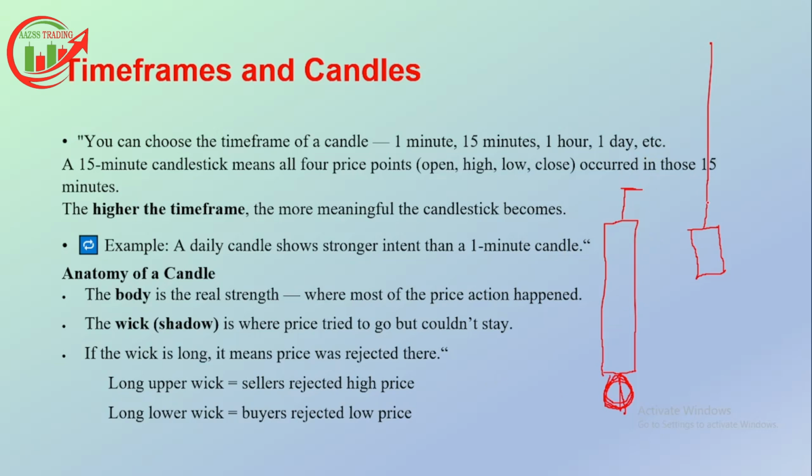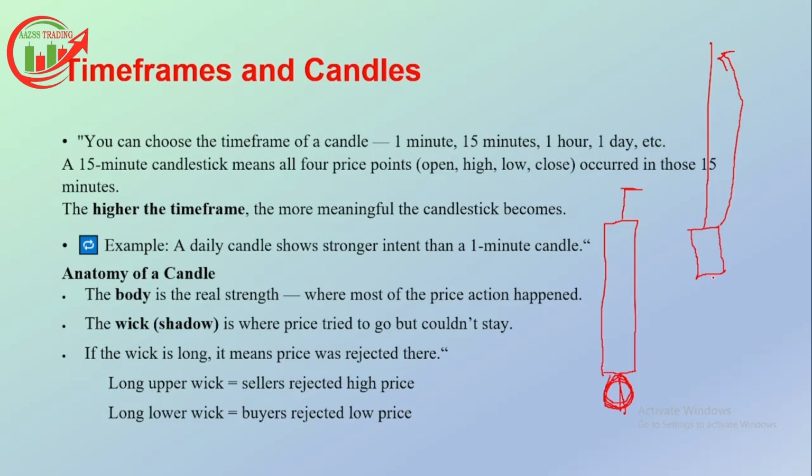That means price went up there but was rejected. So the longer the wick, the more it shows that price got to that place and was rejected. The long upper wick shows that sellers reject the high price.